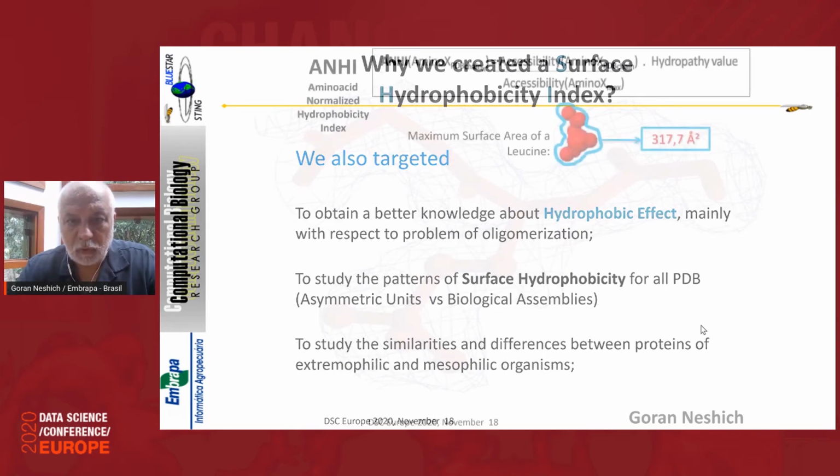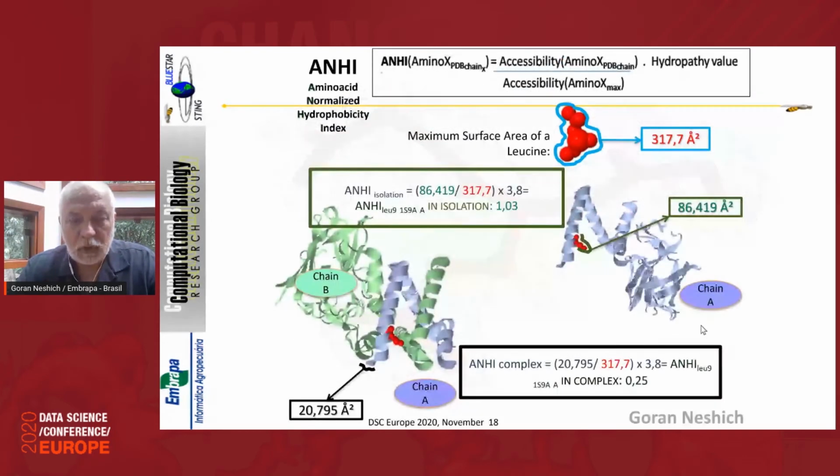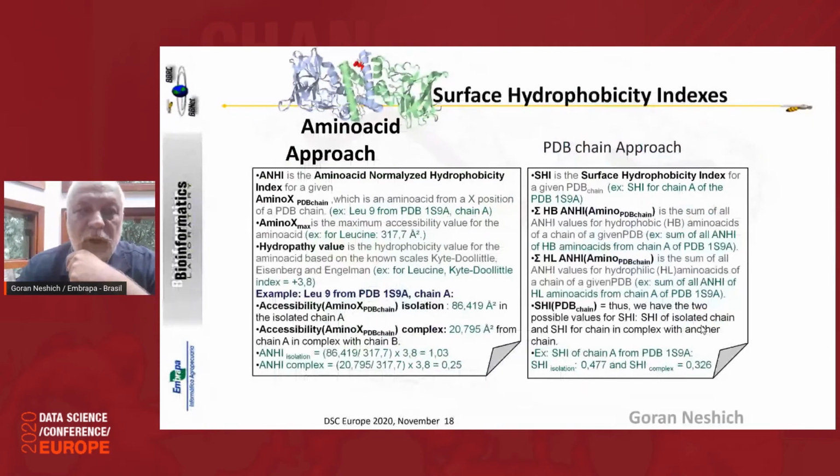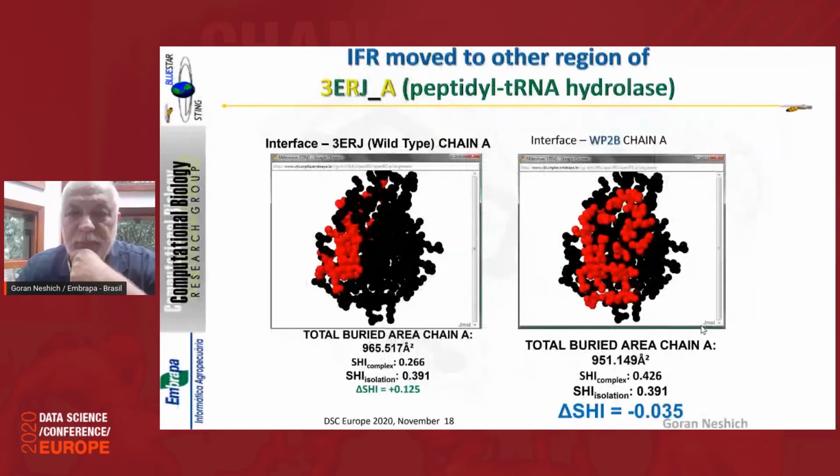I'm not going to go into all the details, but I will show you that we were able to generate an algorithm that would finally be able to discern between the correct interface position and incorrect binding at the false interfaces. So if we have two proteins and they connect at the native interface, at that position, delta SHE would always be positive.